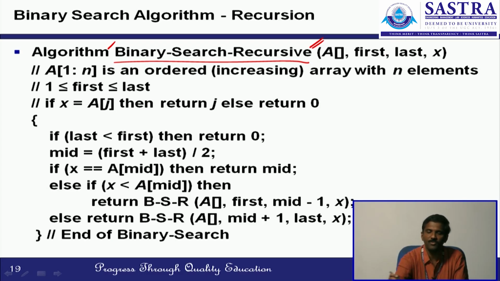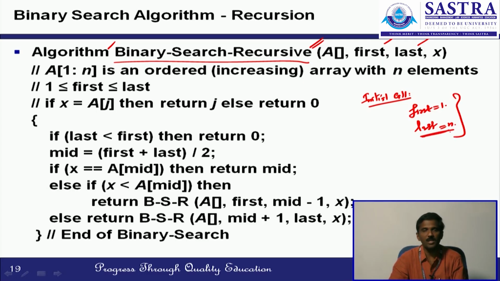The array elements are in the sorted order, increasing order. First and last are the variables. In the initial call, first is set to 1 and last is set to n.